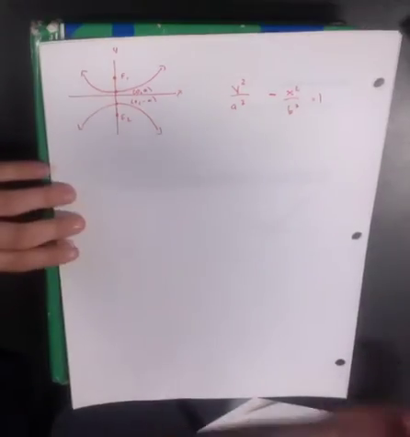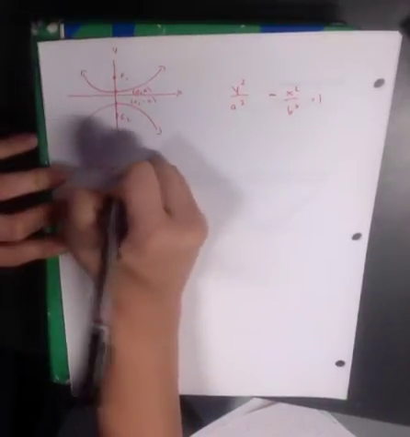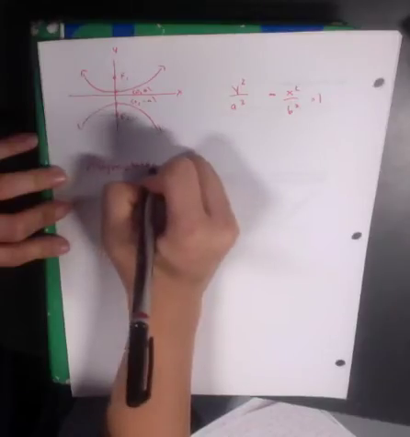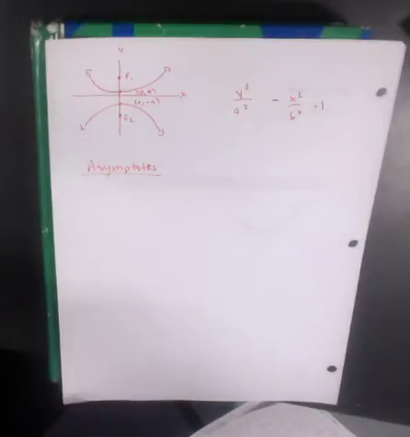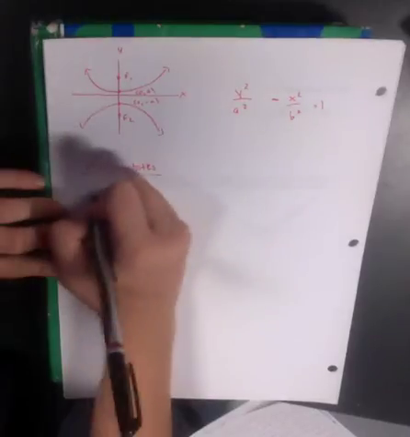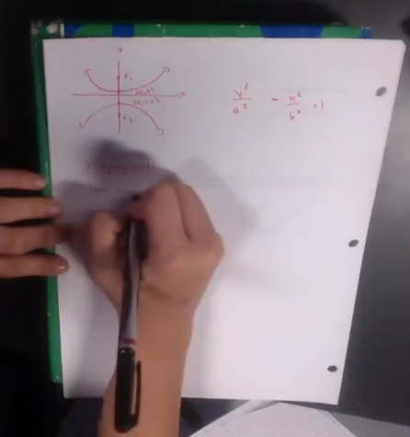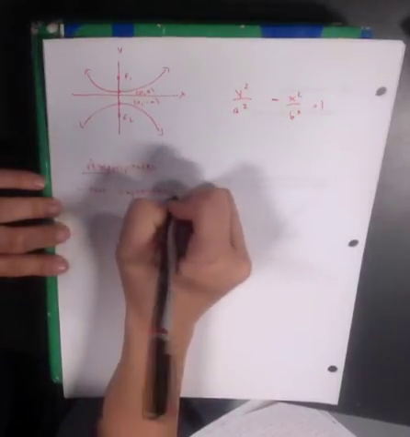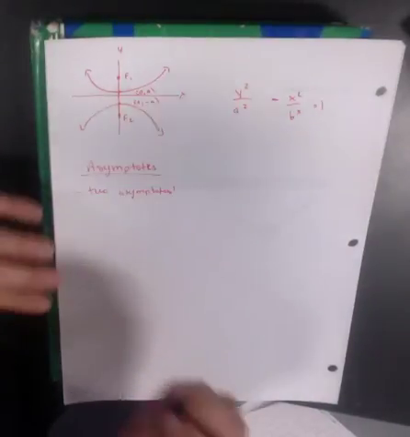Okay, now, every single hyperbola has asymptotes, specifically 2 of them. Okay, now what is an asymptote?